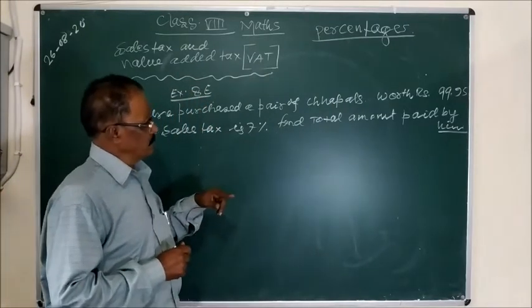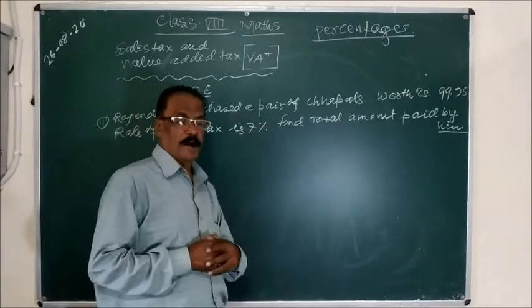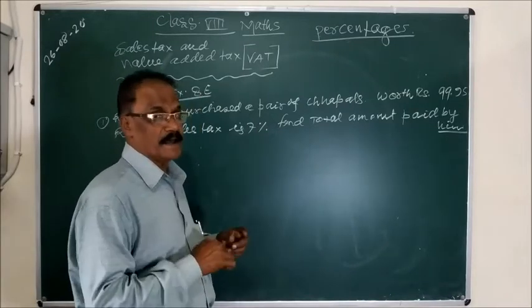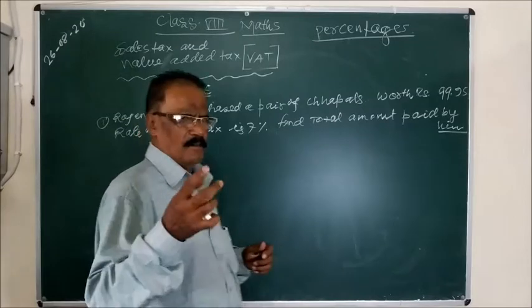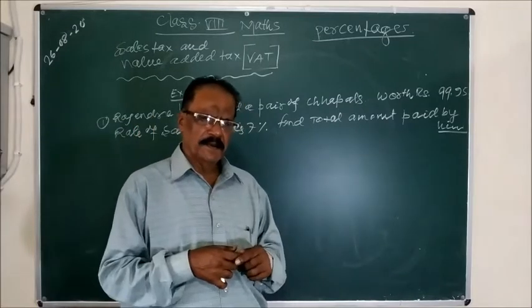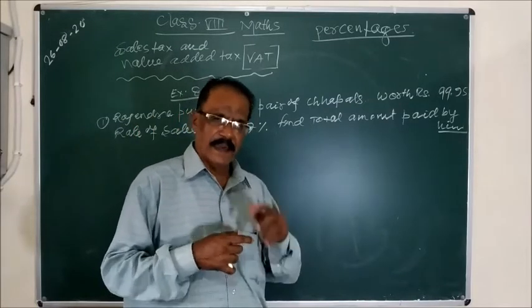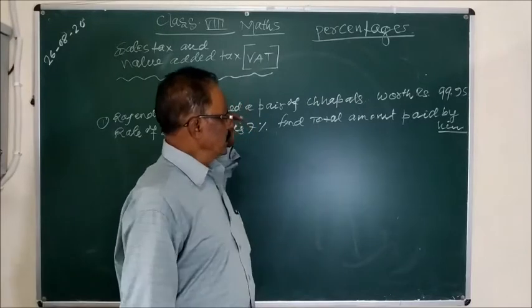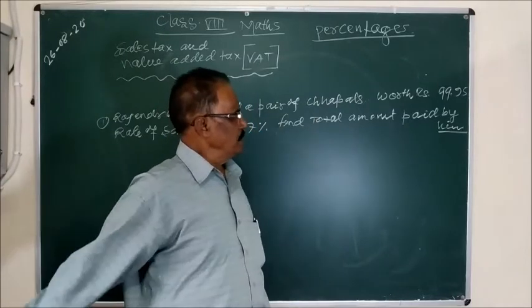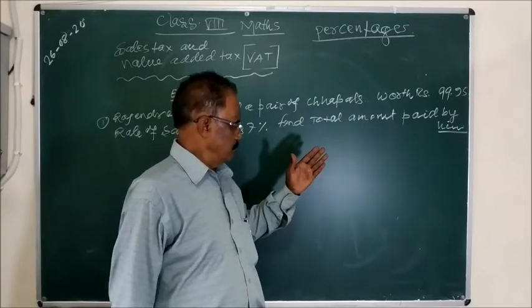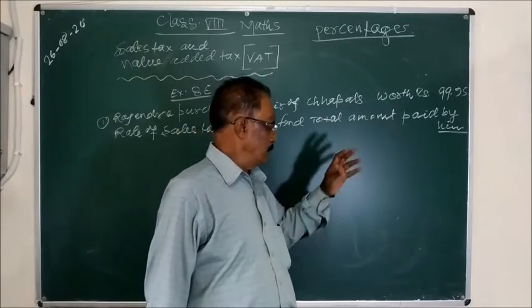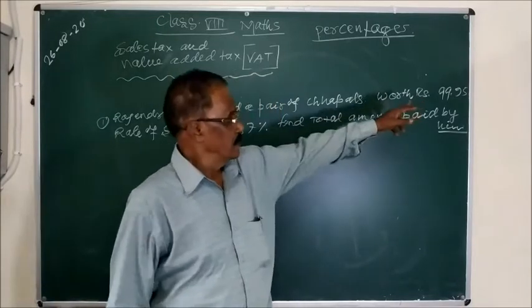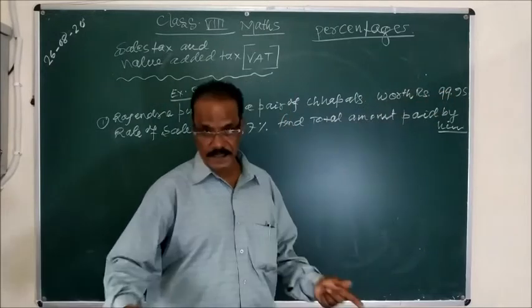Now you have to find what amount will be paid by the customer. My question is, you will try to answer: will the amount paid by the purchaser be more than 99.95 or less?